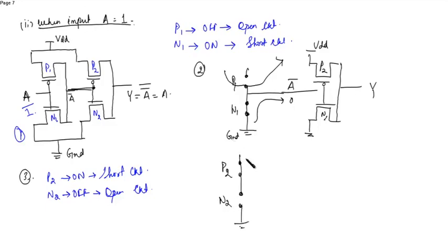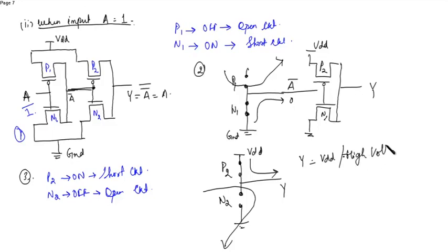This is ground, this is VDD. The N2 side will be cut, and the obtained output Y will be equal to VDD. Y is equal to VDD, or you can say high voltage or 1.